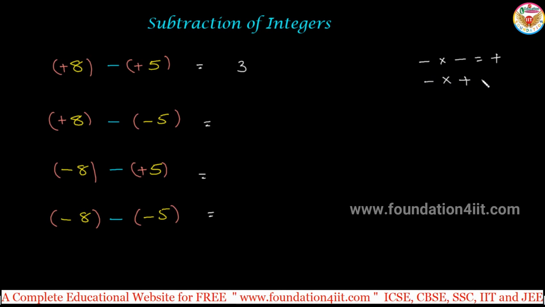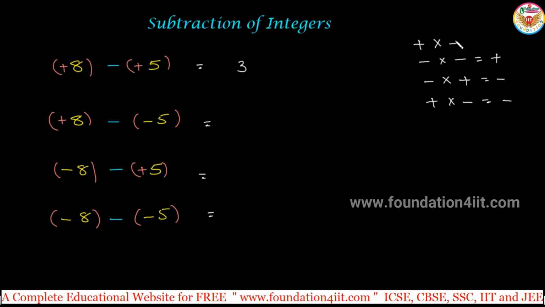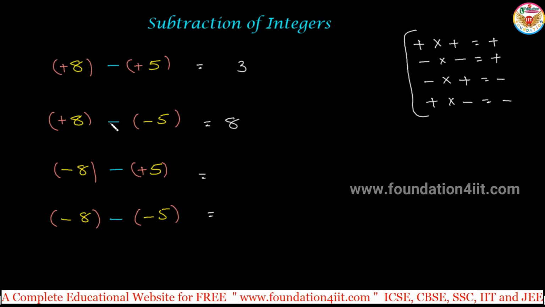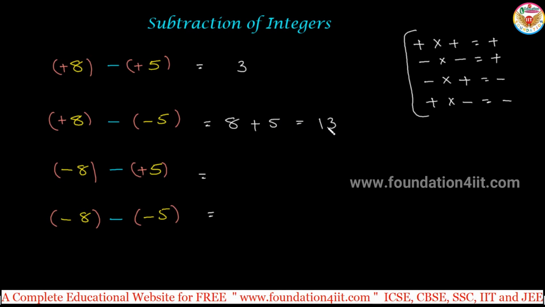Minus into plus is minus, plus into minus is again minus, and when both are positive, plus into plus is also plus. You can remember this table. The main thing is when both are negative together, it becomes a plus sign, addition. So here first is 8, minus into minus is plus, next number 5 as it is. 8 plus 5 is 13. That means 8 minus of minus 5 is 13.